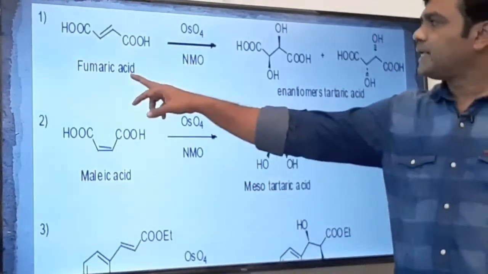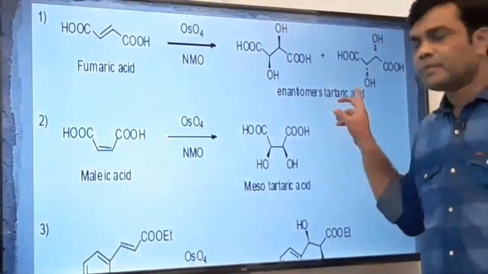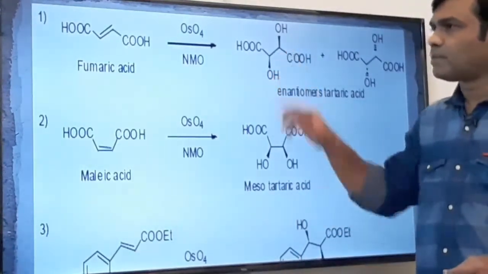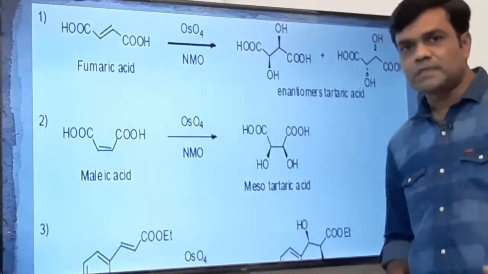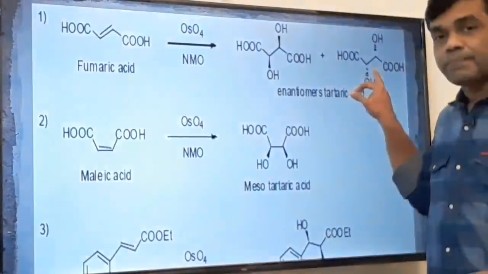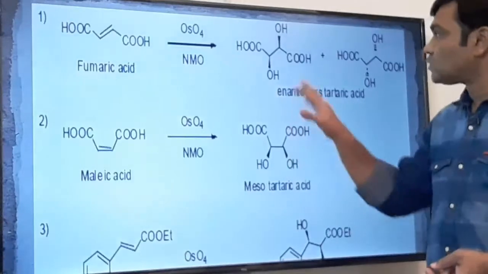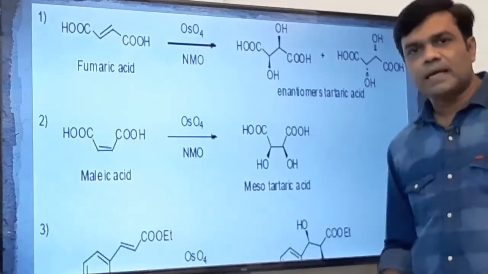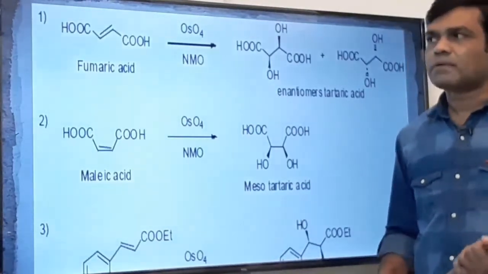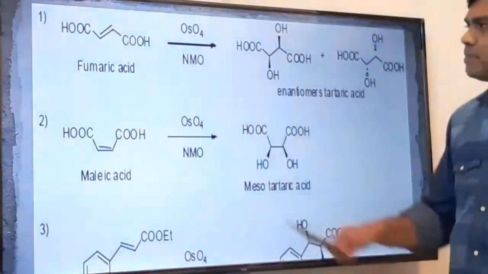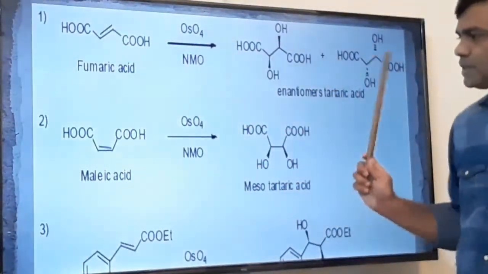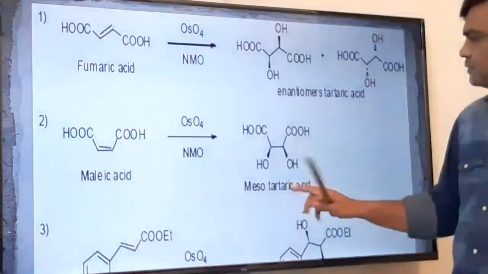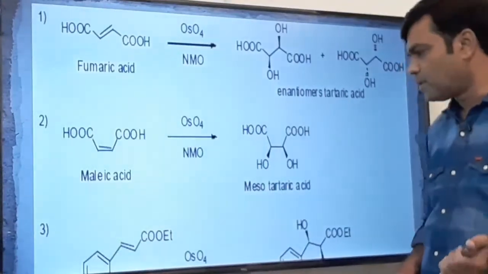However, in case of fumaric acid, we get a pair of enantiomers, meaning one compound rotates the plane polarized light clockwise, and the other rotates it anti-clockwise. So 50% of this form and 50% of this form is obtained, which are enantiomers of each other, and the mixture of these two is called a racemic mixture. You know that. So remember, fumaric acid, that is the trans compound, gives an enantiomeric pair, and the cis compound, that is having the Z configuration, gives an optically inactive meso compound.